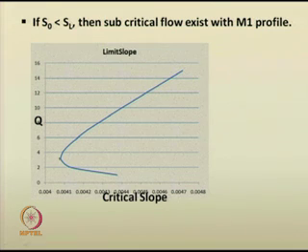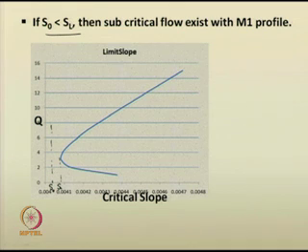As we mentioned earlier, this is your limit slope SL. Now, if the actual bed slope of the channel for the given discharge is less than the limit slope, that is somewhere here, then what happens?